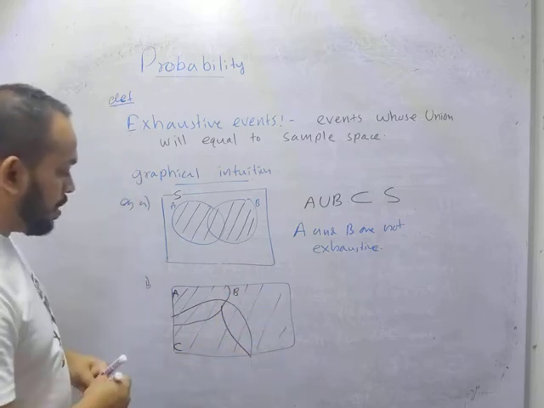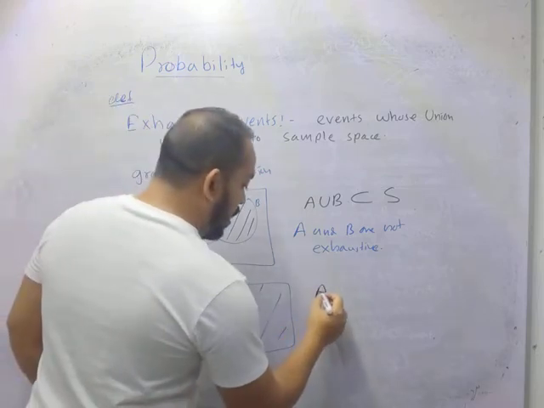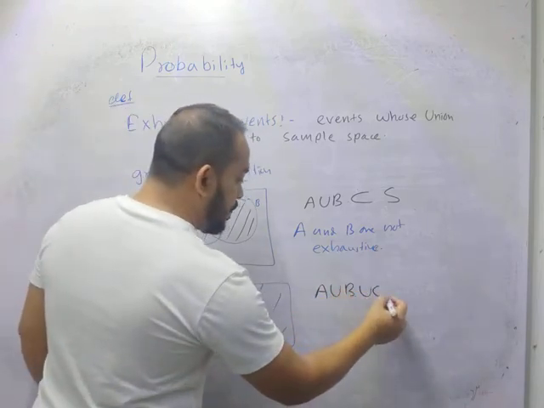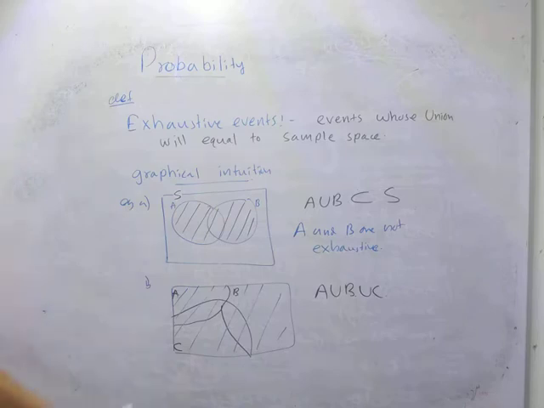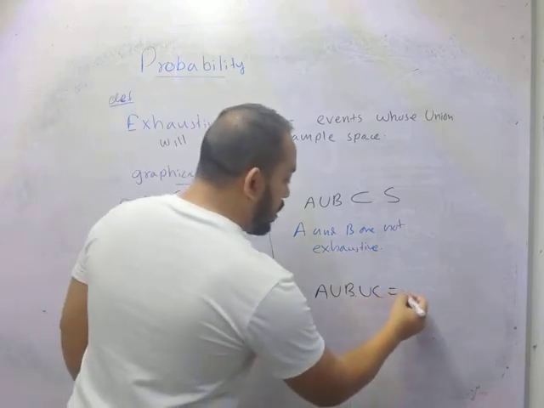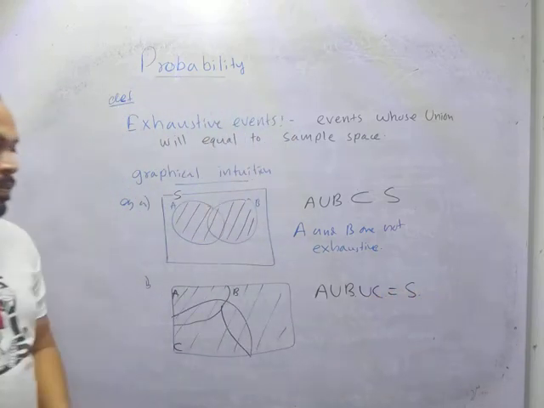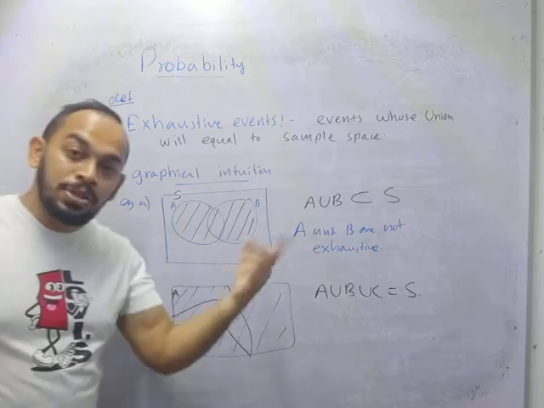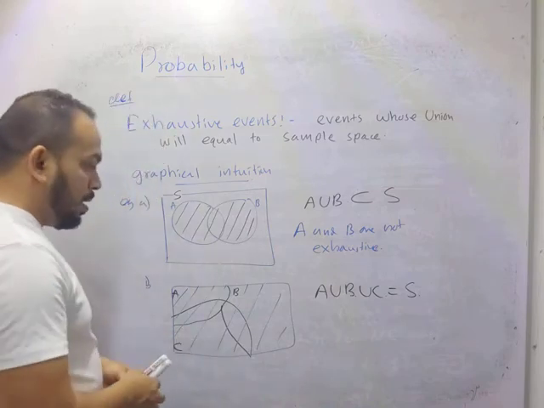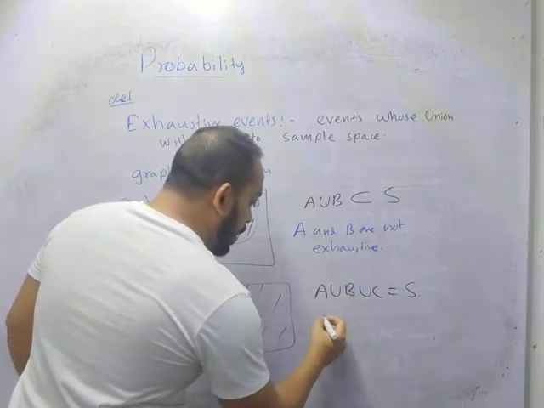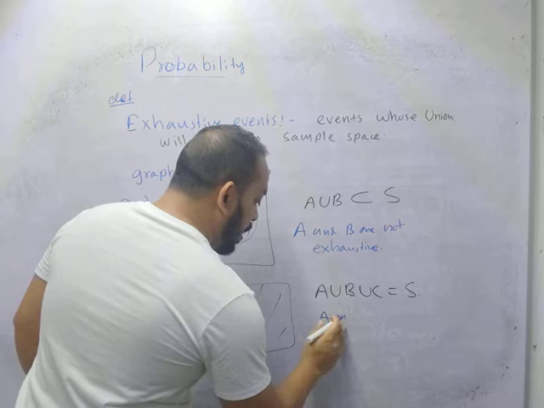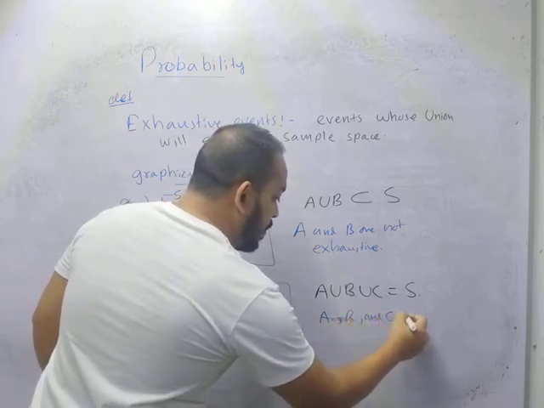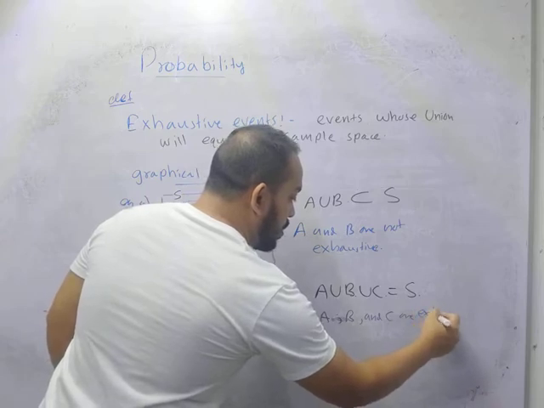If you take the union of all three, A union B union C, in this case, this is equal to the sample space. So when you take the union, it actually represents the sample space. Therefore, A, B and C are exhaustive events.